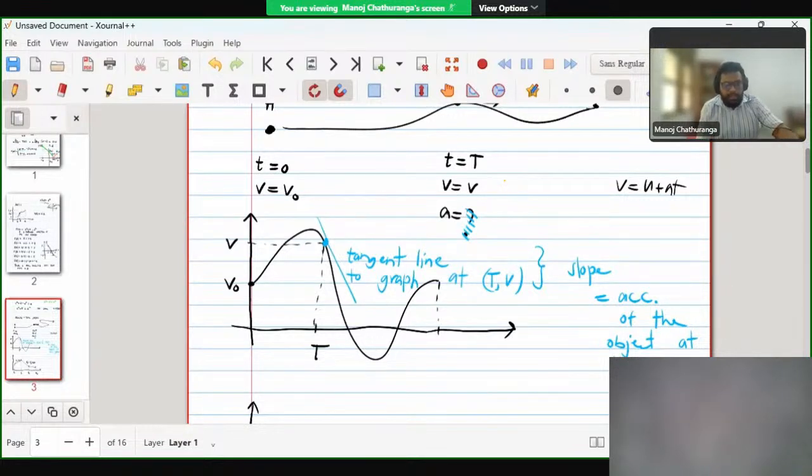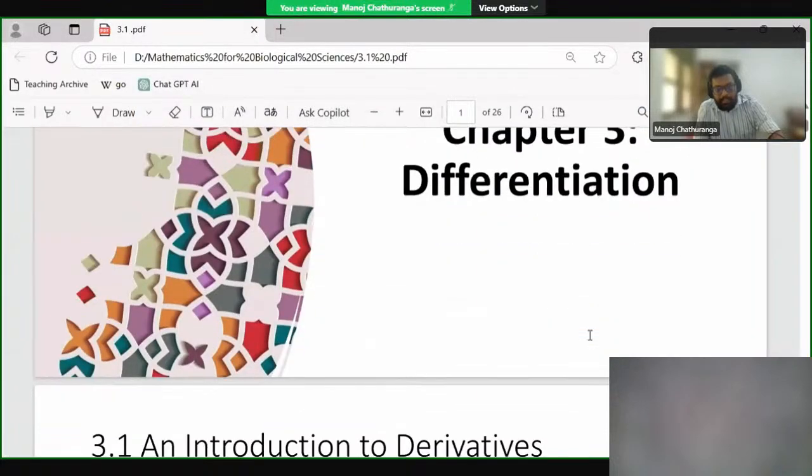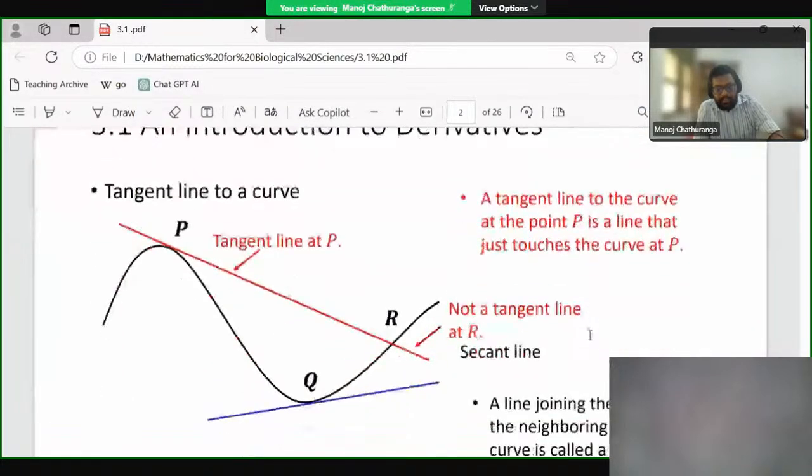This question puzzled people like Newton and other people around the same time. So they came up with a really good way of computing the slope of the tangent line. This is what we learn as differentiation, the method of computing slopes of tangent lines.